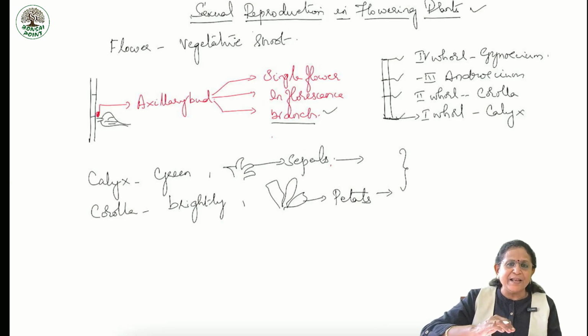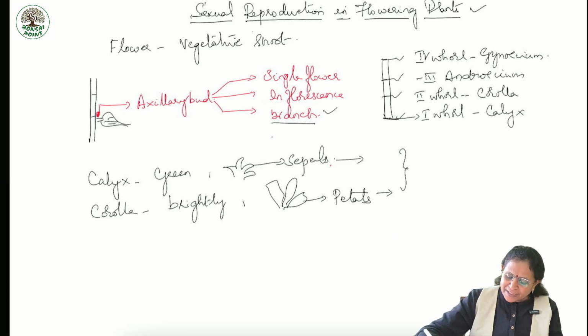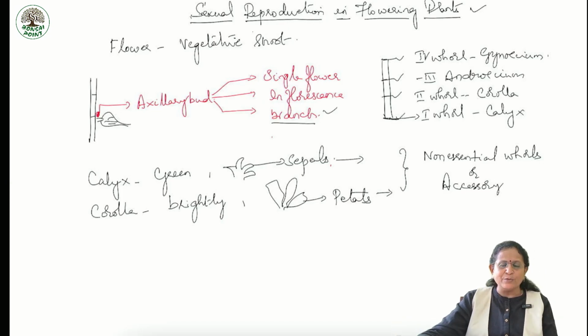In the sense, they are not necessary for the formation of fruit. Hence, we say these are non-essential whorls of a flower, or they are said to be accessory whorls of a flower.